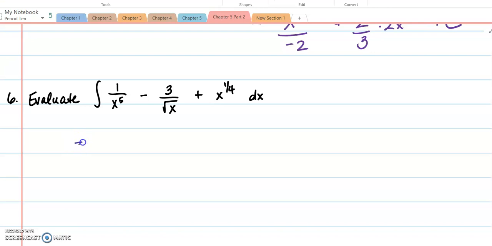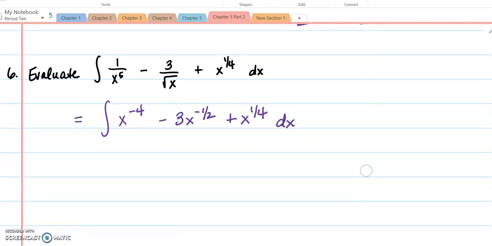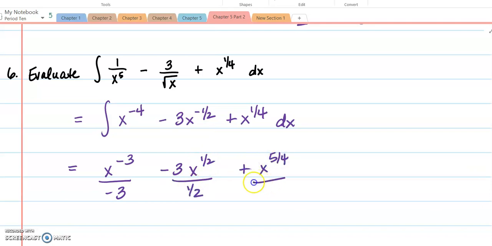I'm going to take a second on number 6, and I'm going to rewrite this with exponents that are in my numerator. And now we find antiderivatives. So x to the negative 3 over negative 3 minus 3x to the 1/2 over 1/2 plus x to the 5/4 over 5/4 plus c.